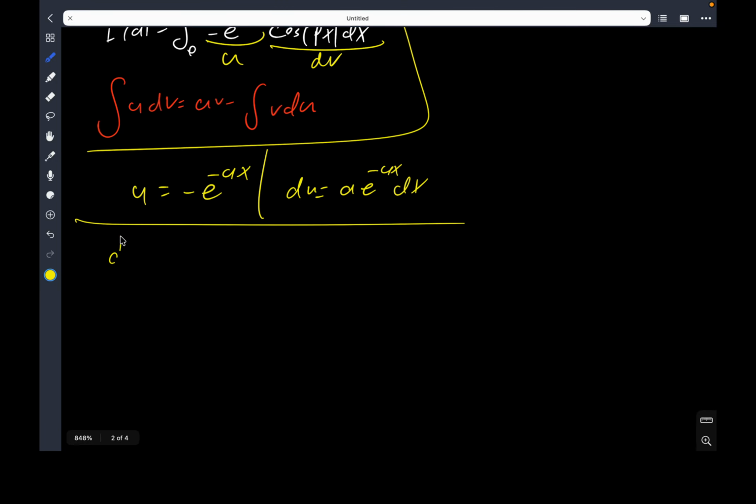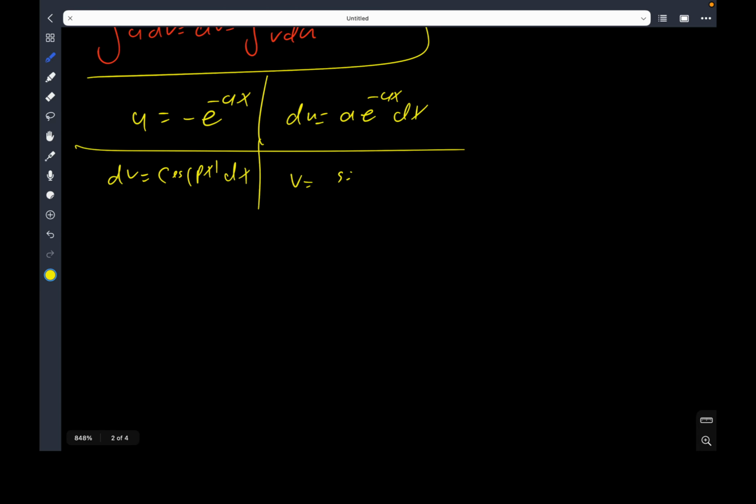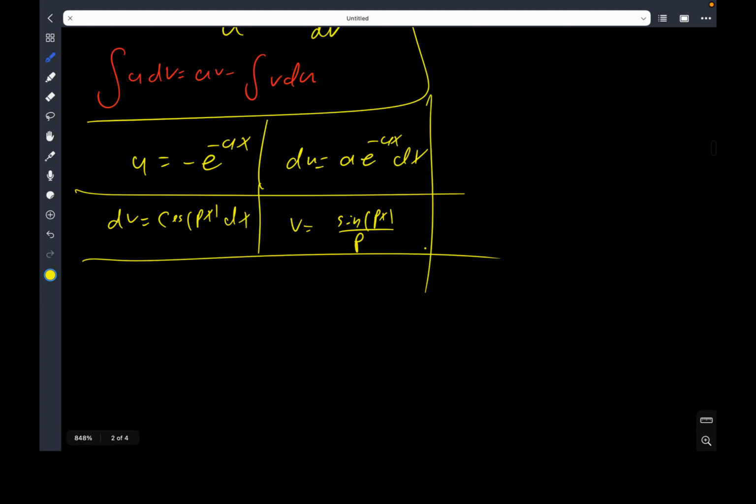If my dv is cosine px dx, my v is sine of px over p, and this is my table for the integration by parts.